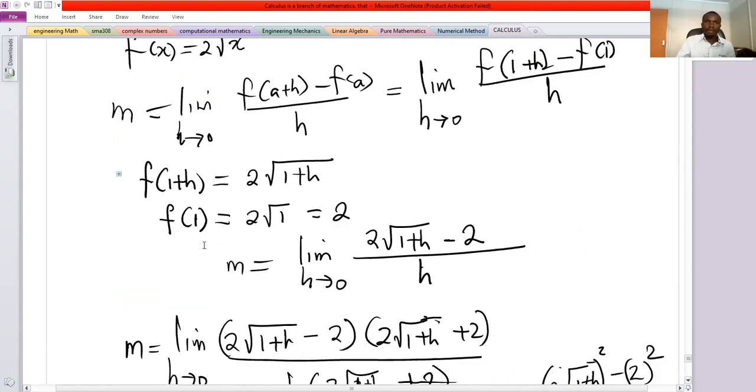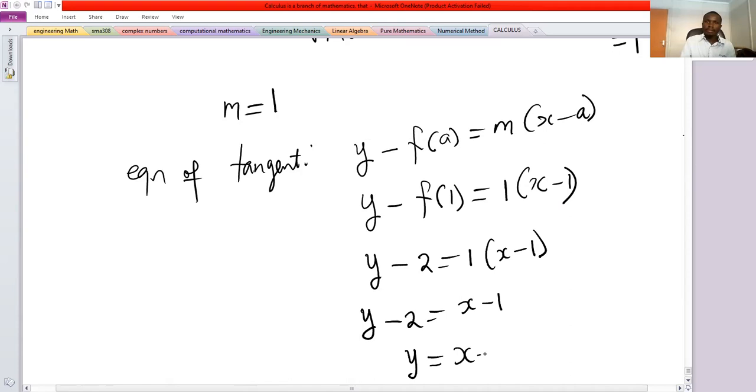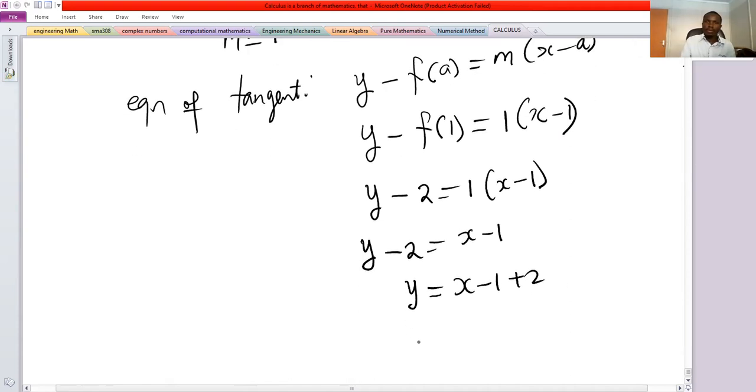This was the answer here. F of 1 is 2. So y minus 2 equals 1 into x minus 1. So y minus 2 equals x minus 1, or y equals x minus 1 plus 2, which tells us that y equals x plus 1. So that is the solution. Thank you.